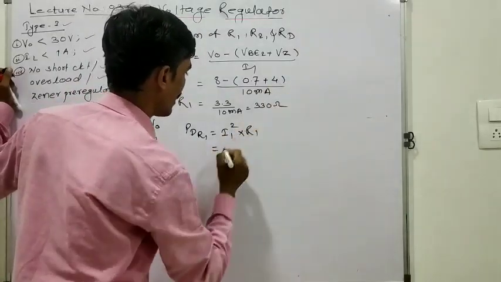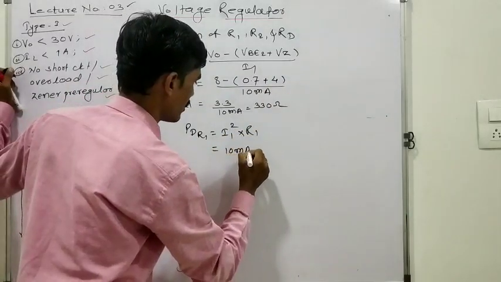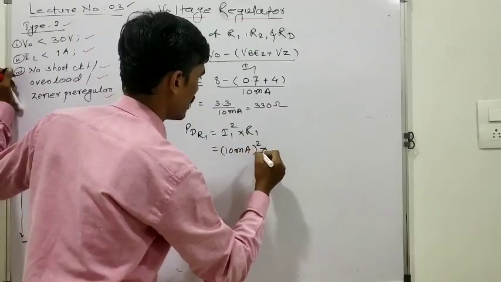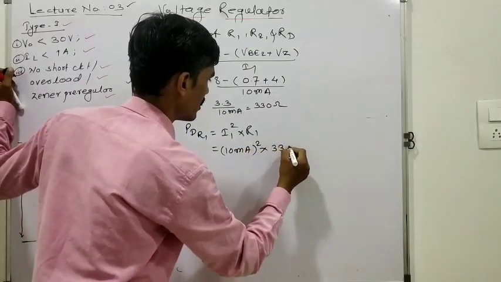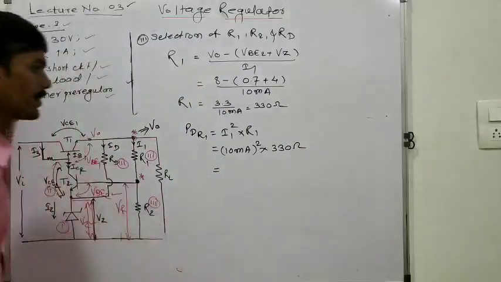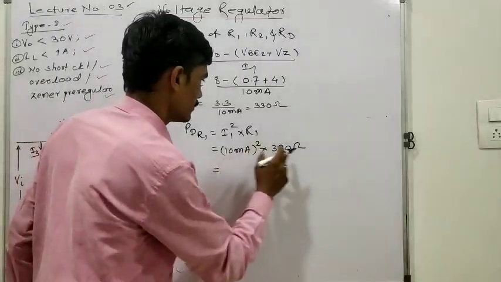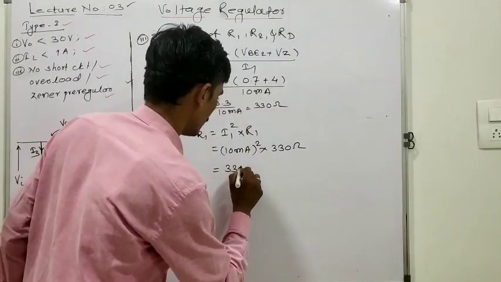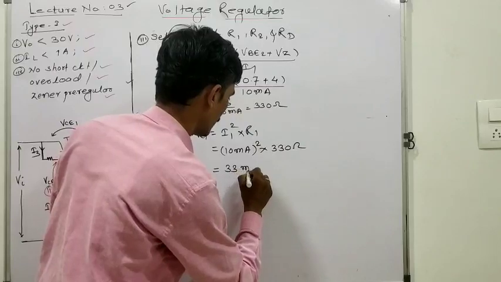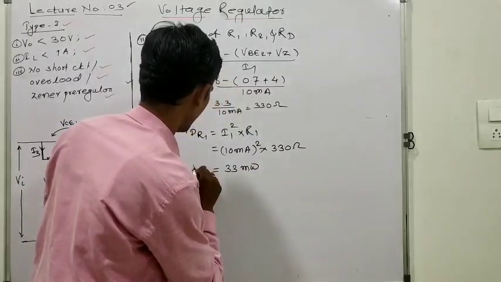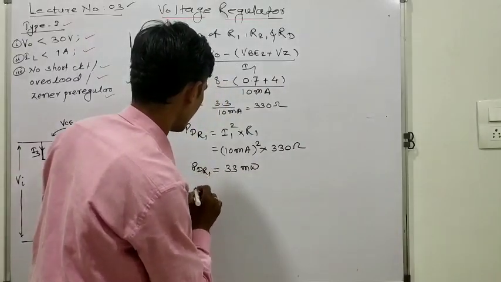We know I1 is 10 milliampere. 10 milliampere square multiplied by the resistance, 330 ohm. We just take the multiplication of these two, and we get 33 milliwatt, that is the power dissipation across the resistance.